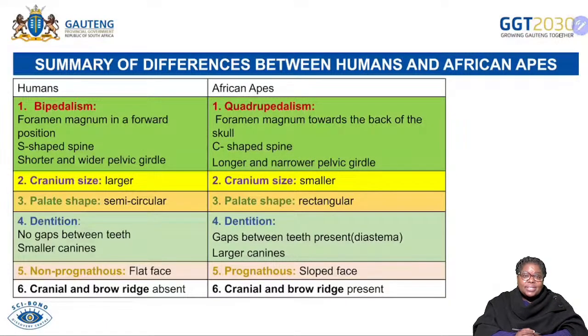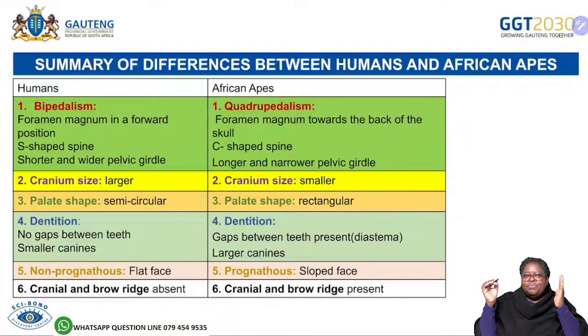Now let's quickly summarize the differences between humans and African apes. Remember, we did it one by one. You checked. I've shown you those pictures that will make you to recall, to remember, as you'll be responding to those type of questions. Now, if you are to tabulate differences between humans and African apes, remember you must compare same things on the right-hand side as well as on the left-hand side.